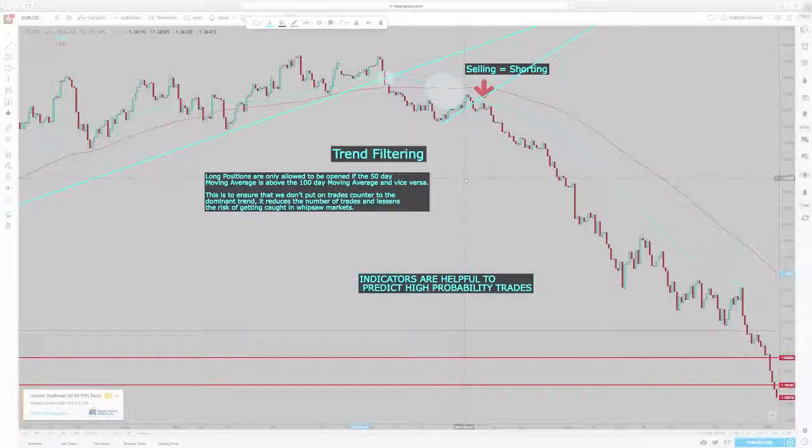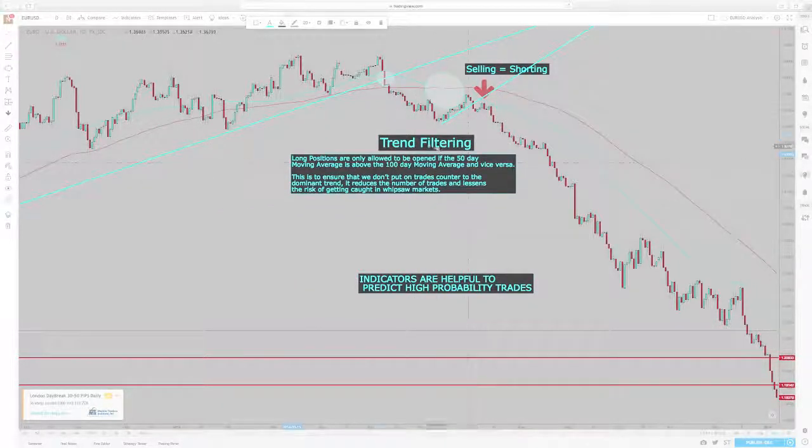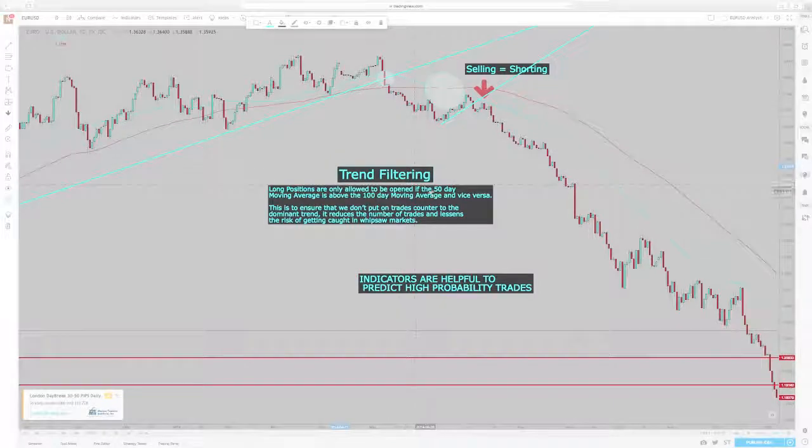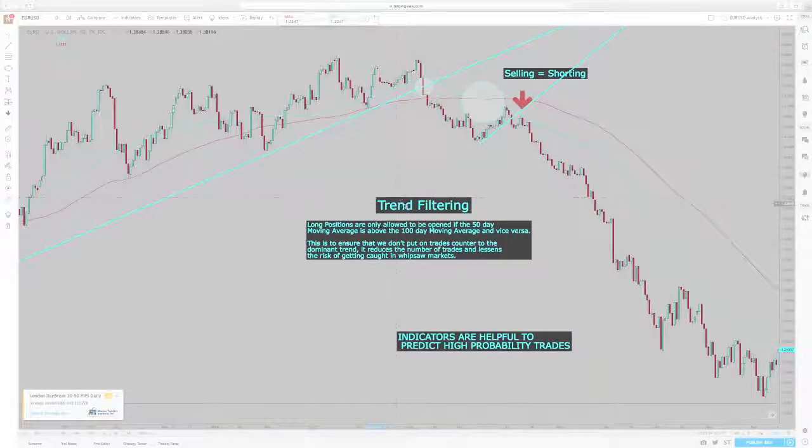All through equity management and a high demand trading mentality, understanding why we're entering these trades, because we're following rules like these, trend filtering. So if you're a scalper, you don't need to follow the trend filtering rule. If you're swing trading and position trading, then you may want to implement this into your trading just to enhance your trading if you like.